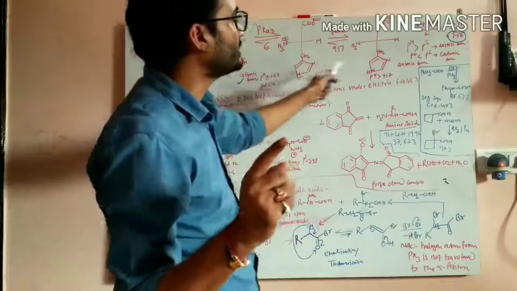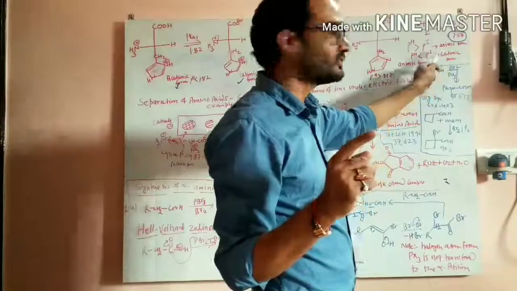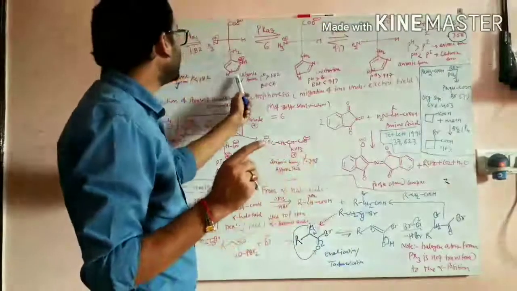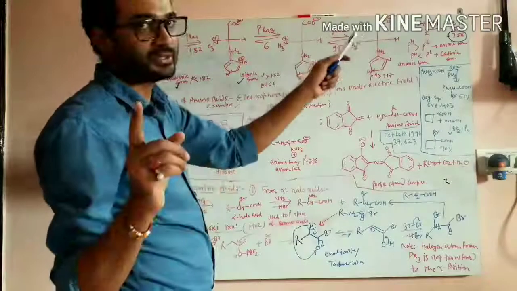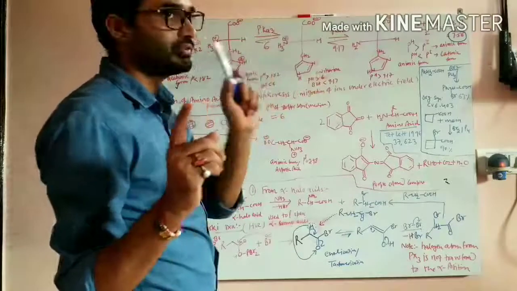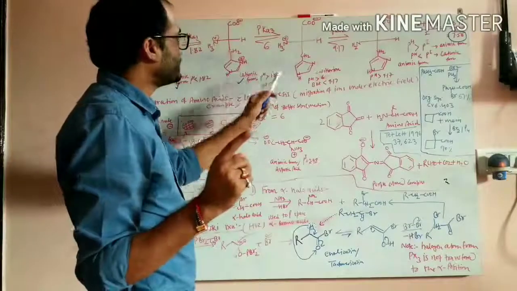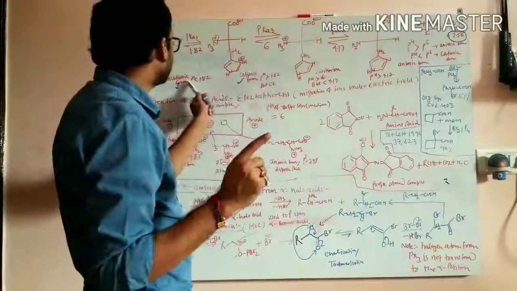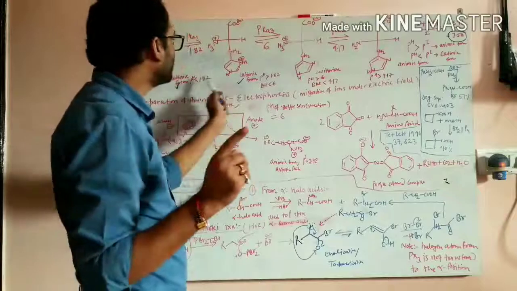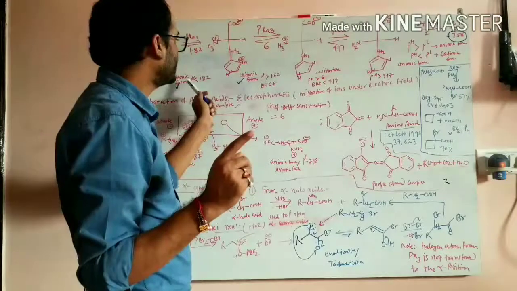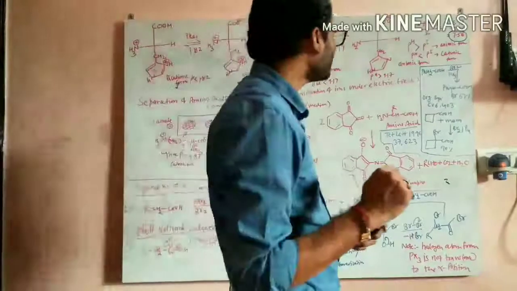And what is the condition? When pH is less than pI, then the cationic form exists. So in both the cases, the cationic form exists. This is the dicationic form, and this is the cationic, monocationic form.